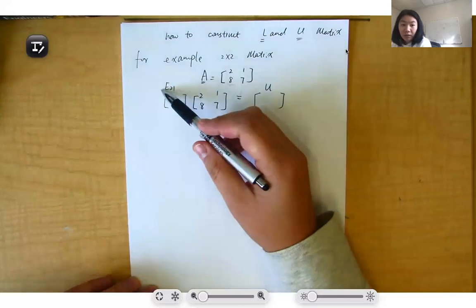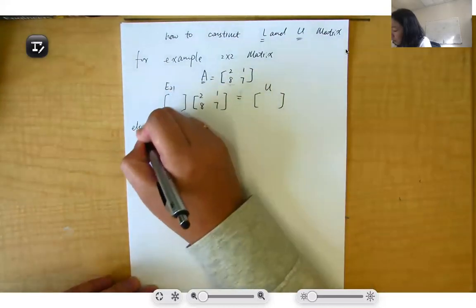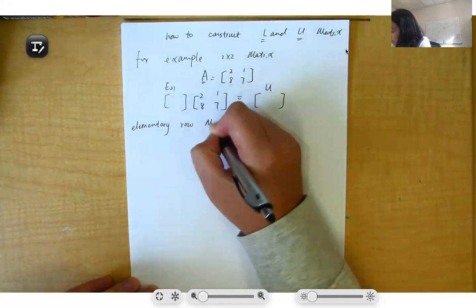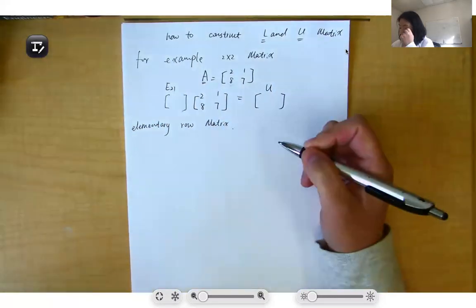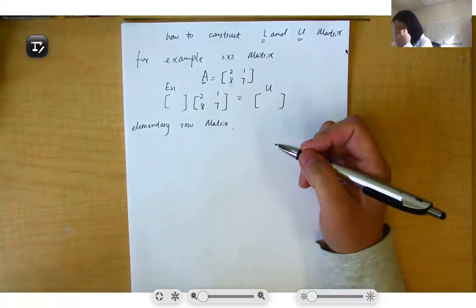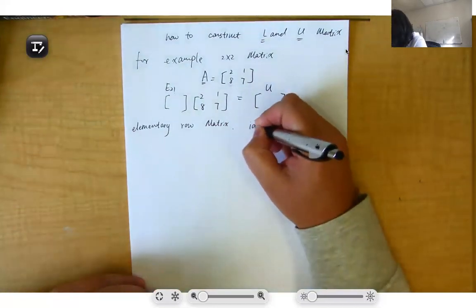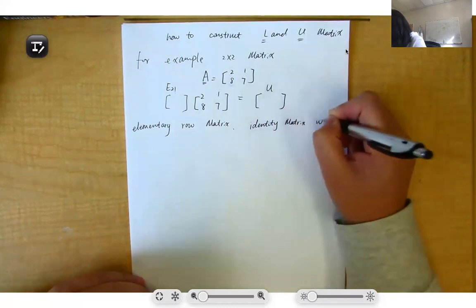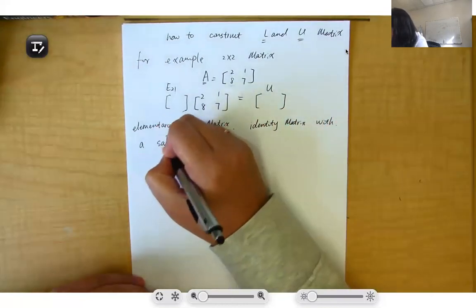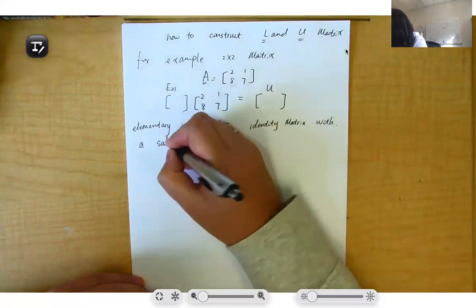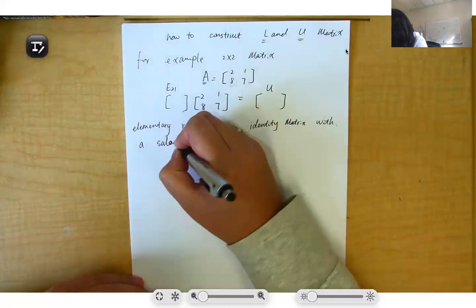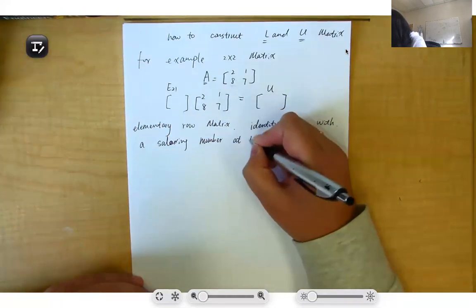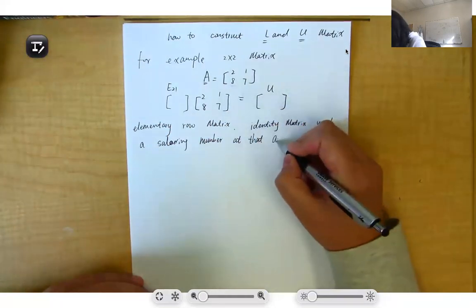And what is the elementary row matrix? The elementary row matrix is basically an identity matrix with a scaling parameter number at that Aij position.